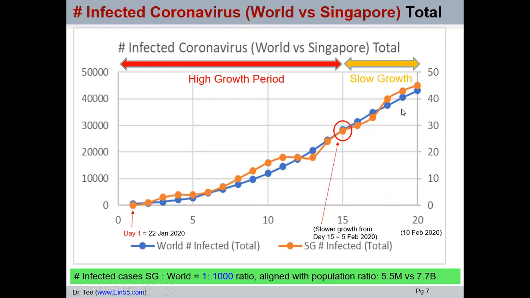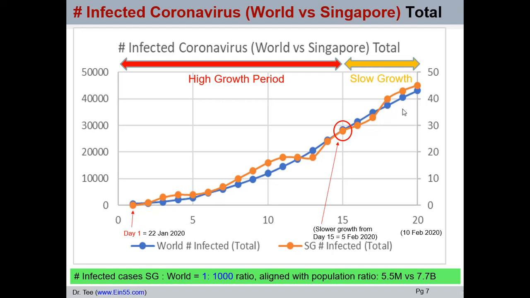So in general, we can conclude the cases in Singapore are quite normal, aligned with the rest of the world, which right now is mainly dominated by the China cases. It also implies that if we can understand the trend in the whole world, then we can also understand the trend of the cases in Singapore.